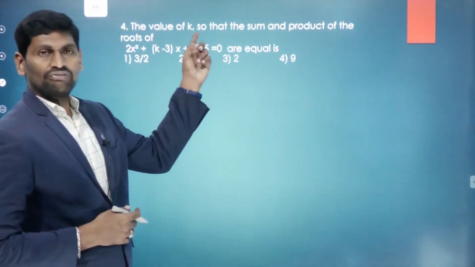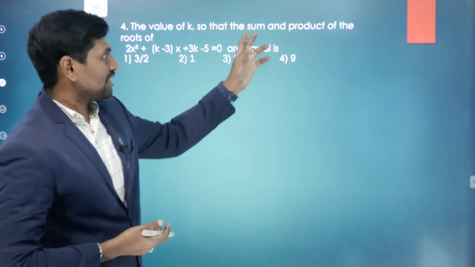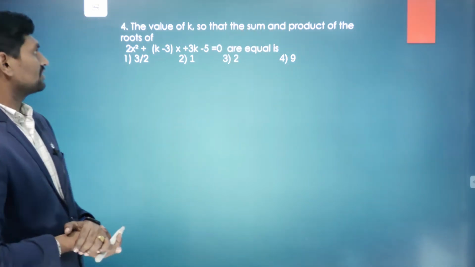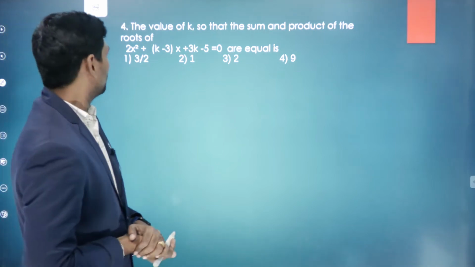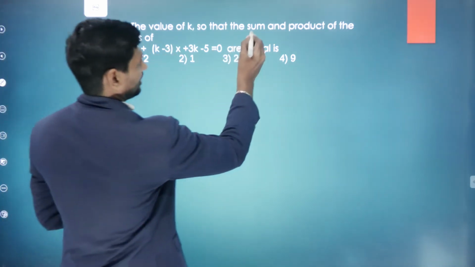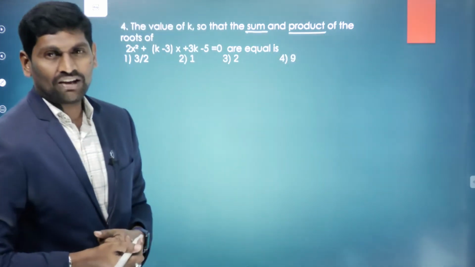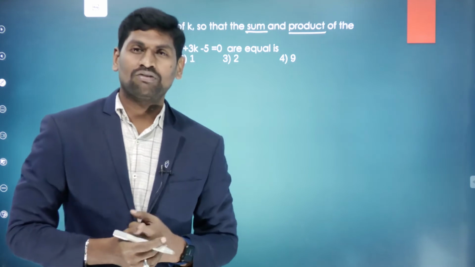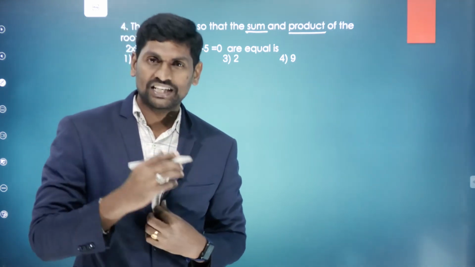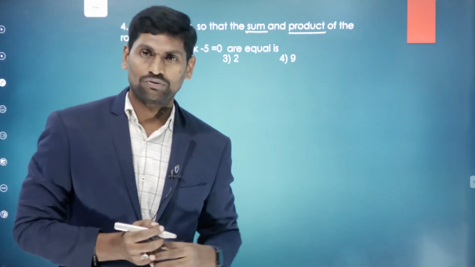The value of k so that the sum and the product of the roots of this equation are equal, it seems. See here, sum and product. We have two roots; sum of roots alpha plus beta is minus b by a, alpha into beta is c by a, that is the product of roots.